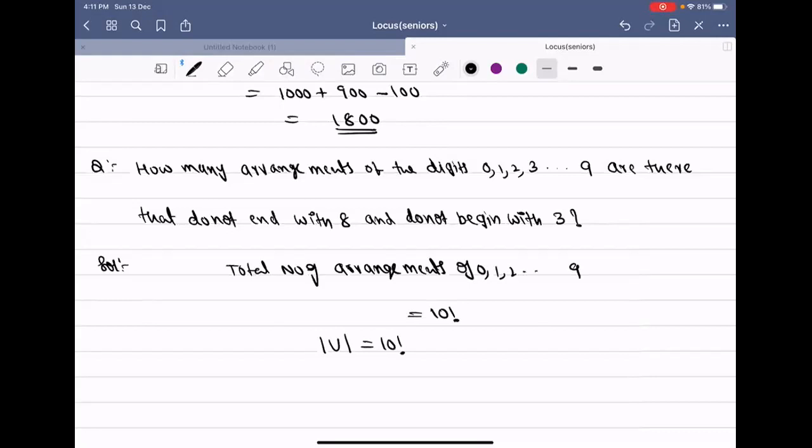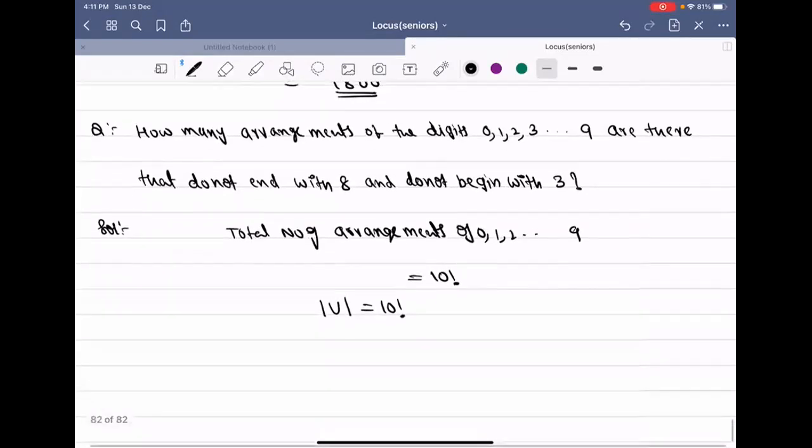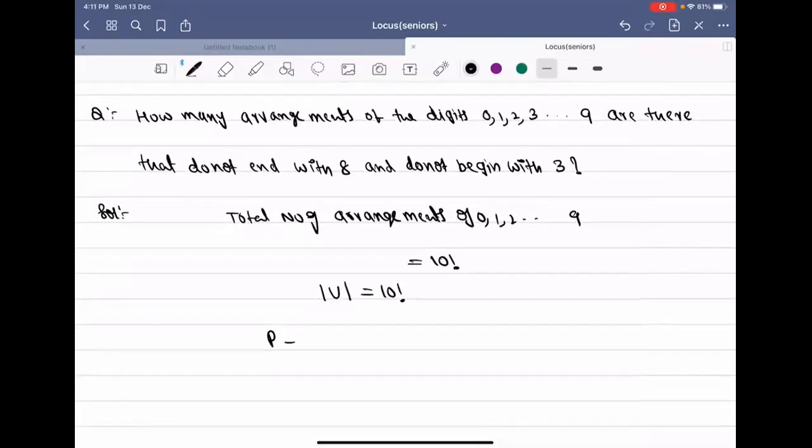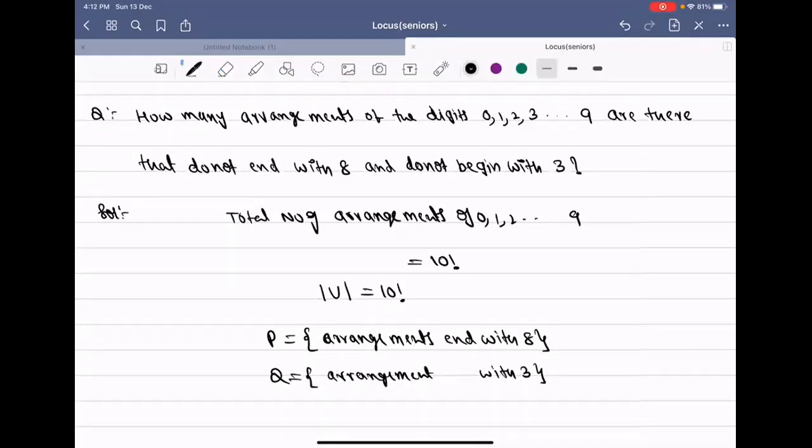Here the negative, do not, has started. Let us first write end with, and then calculate do not later. First, let set P be defined as arrangements that end with 8. Next, define Q as arrangements that begin with 3.